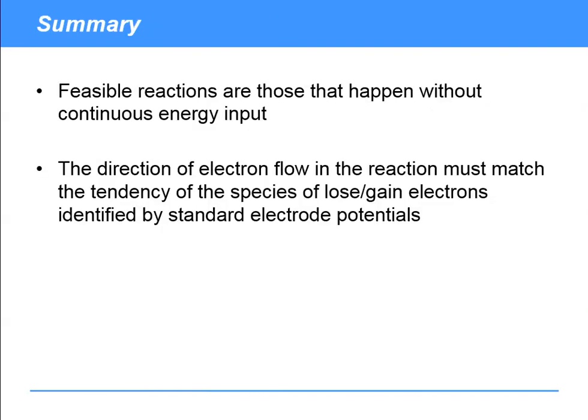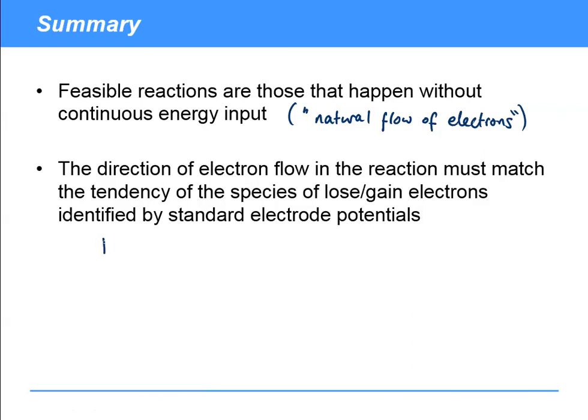Okay, so just to summarize, feasible reactions are those that happen without continuous energy input. They're essentially the sort of natural flow of electrons. Feasible reaction: the direction of electron flow in the reaction must match the tendency of the species to lose or gain electrons identified by standard electrode potentials.